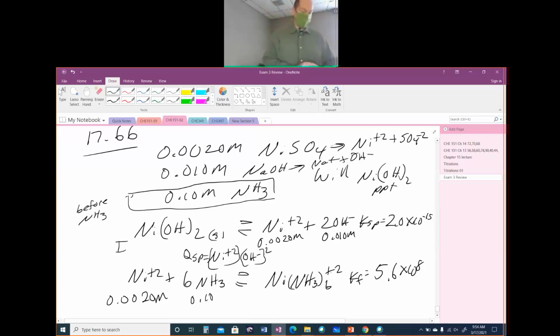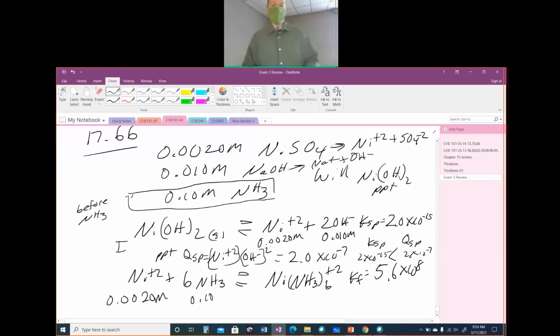So if you take your 0.01 and you square it and multiply by 0.002, you have 2 times 10 to the minus 7. And so you compare your Ksp versus your Qsp. You have 2 times 10 to the minus 15. You have 2 times 10 to the minus 7. All right, and so you definitely would get a precipitate.